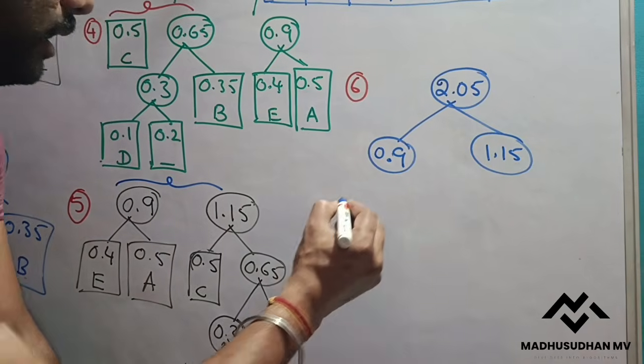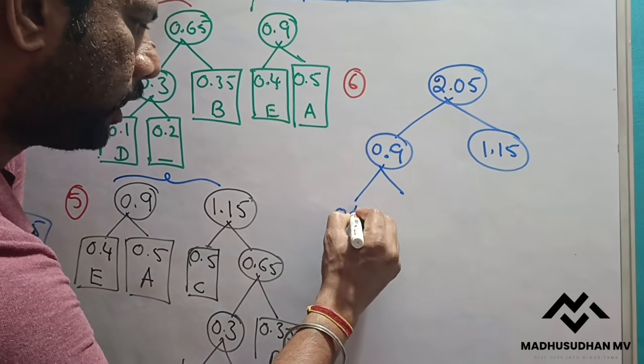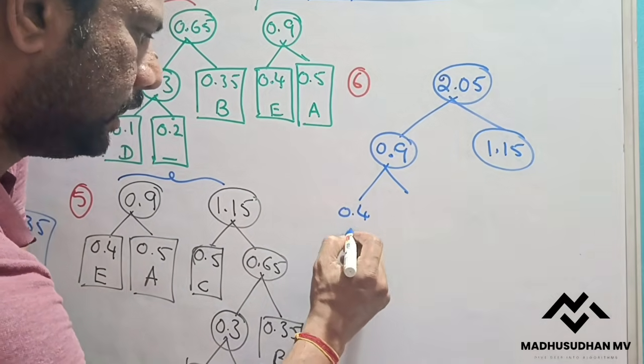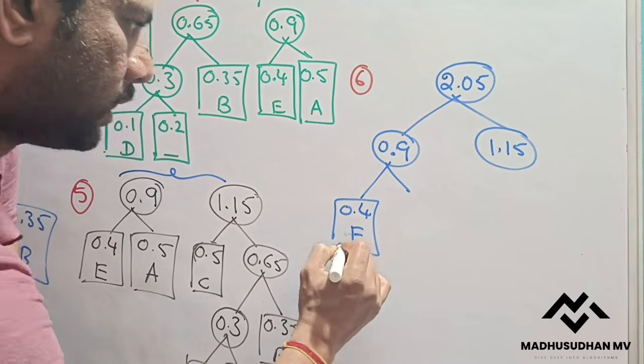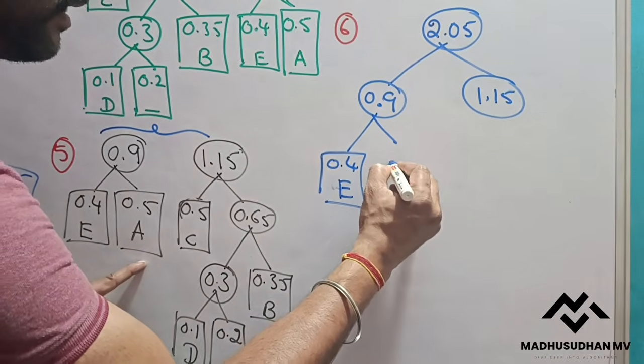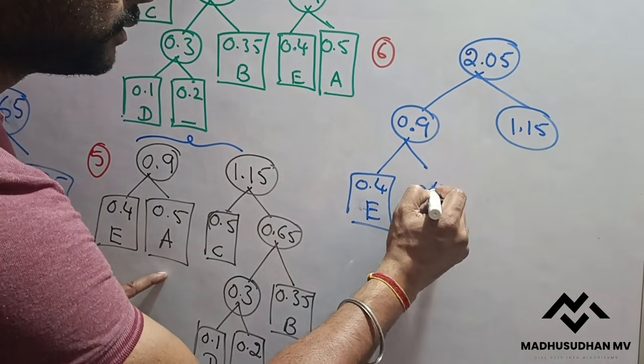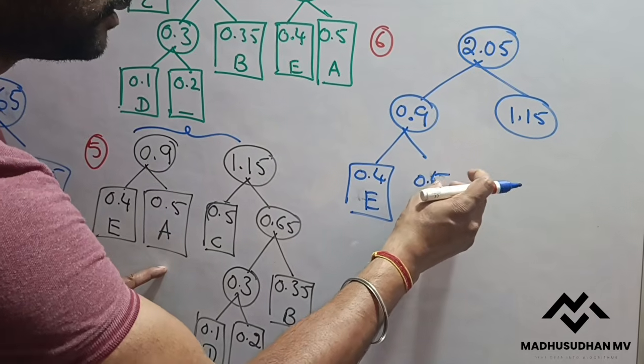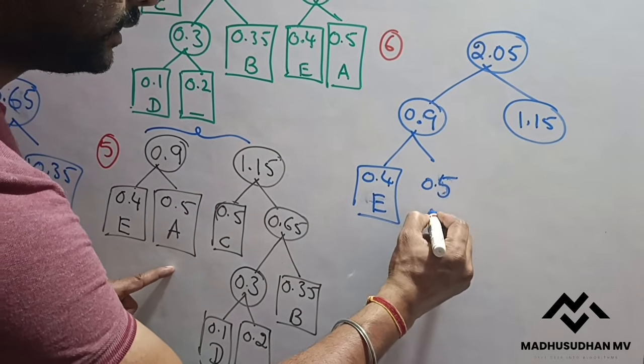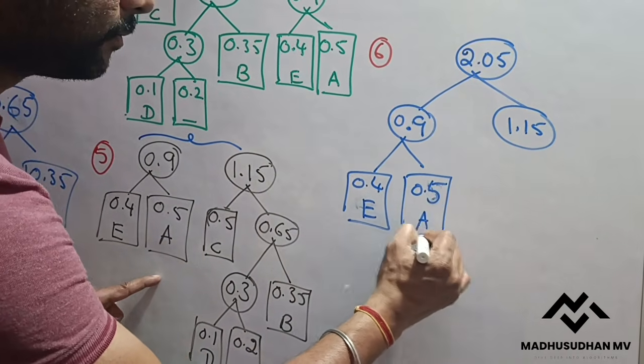This 0.9 I got by adding 0.4, this is E, and 0.5. This is nothing but A.